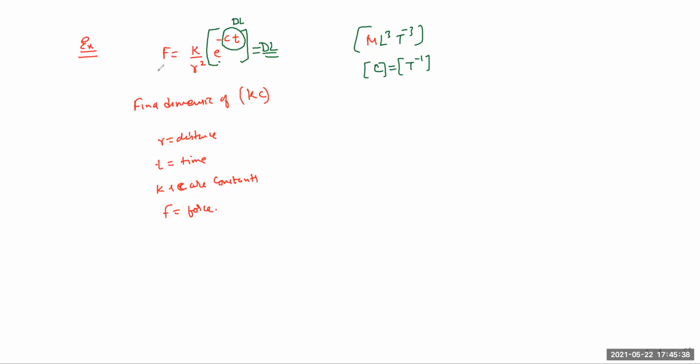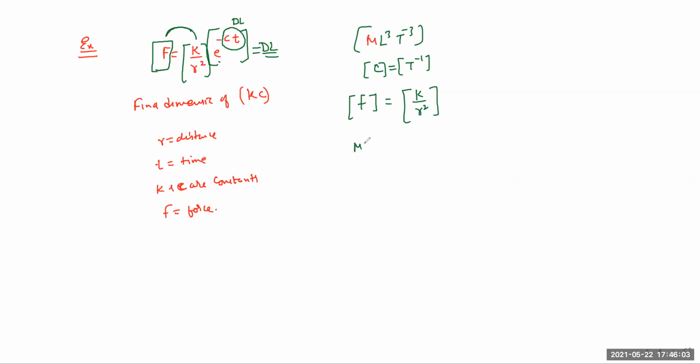Now the dimension of LHS and RHS must be the same. That's the rule. LHS is force and RHS is this into dimensionless. So just ignore dimensionless. The dimension of force must be the same as the dimension of K upon R square as a whole.